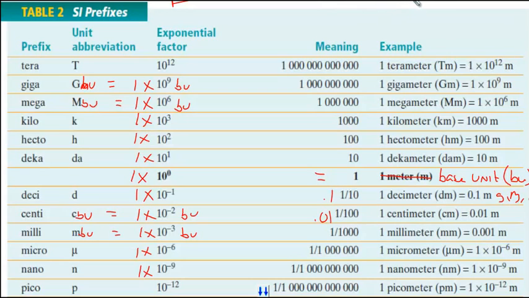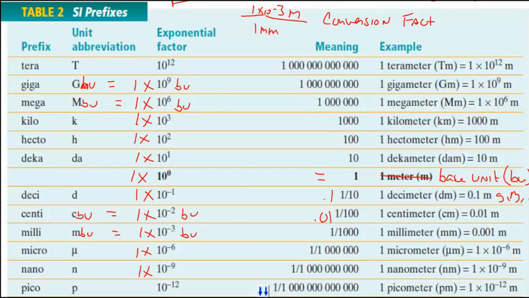That is an equality, and we're going to convert it to a conversion factor. If we use it like a fraction, 1 times 10 to the negative 3 meters over 1 millimeter, that's a conversion factor. Now, how would we use that conversion factor?